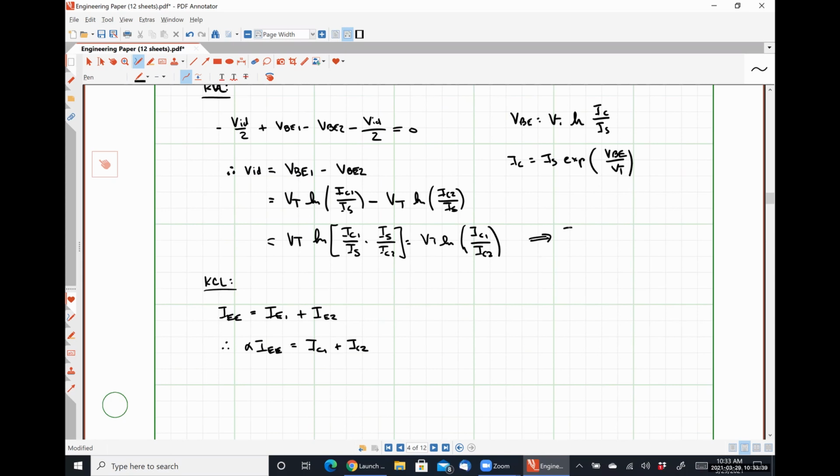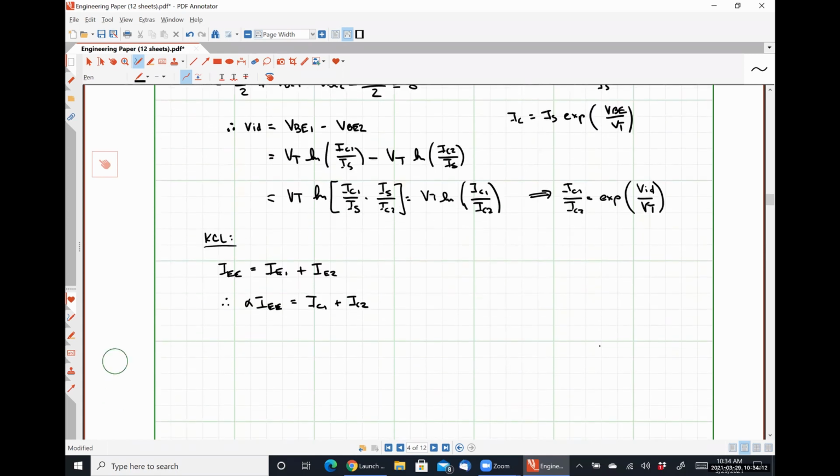I can say that IC1 over IC2 has to be equal to the exponential of VID over VT, just by dividing both sides by VT and taking the exponential of both sides. That's exactly related to this. Nothing too wild or crazy there.